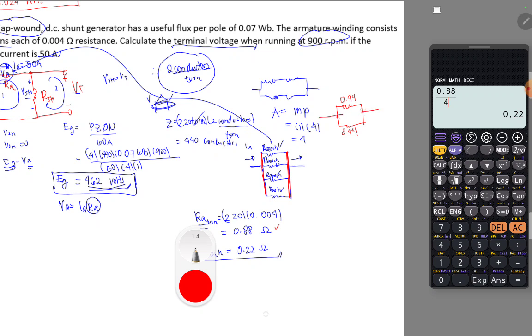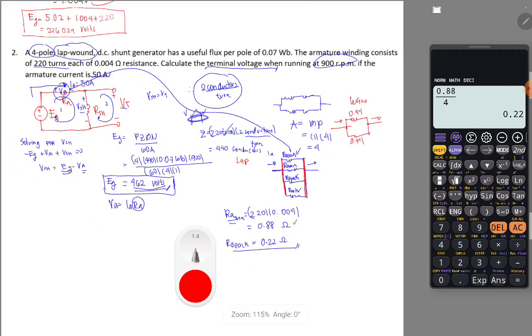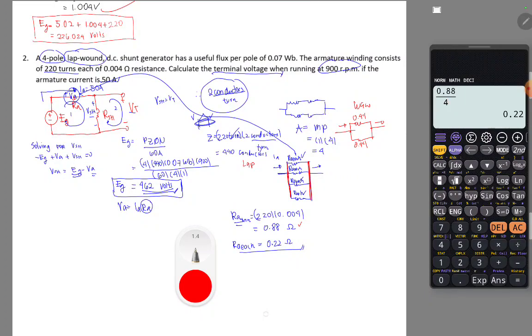But since this is connected in a lap winding, we would consider the formula for our current path, which is equal to mP. So therefore there are 4 current paths in which the resistance of each armature conductor is equal to 0.22 ohm.